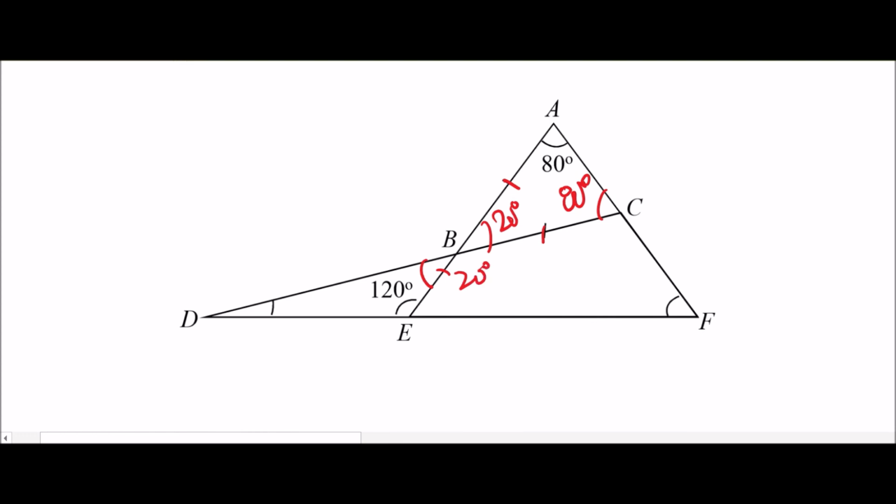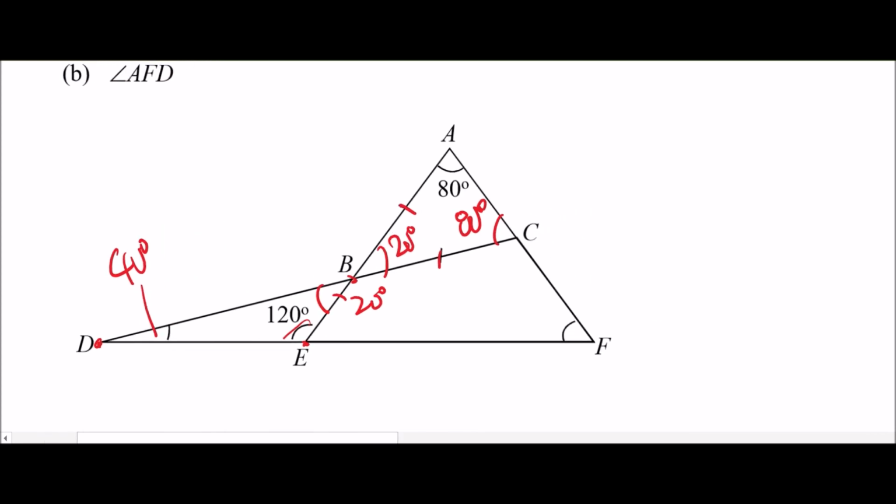Okay, and then since this is 120, this is 20, I'm going to use triangle BED to tell me that this angle here is 40 degrees, right? Because they all add up to 180. Okay, now the next thing I also know is that since this is 120 and we have a straight line DEF, I know that this angle is 60 degrees, right?